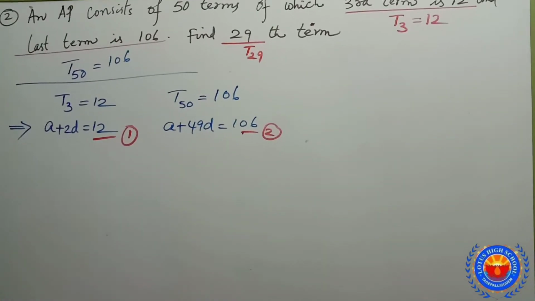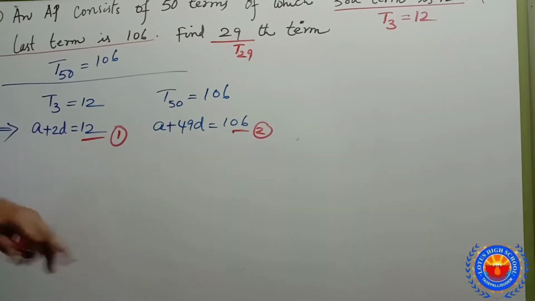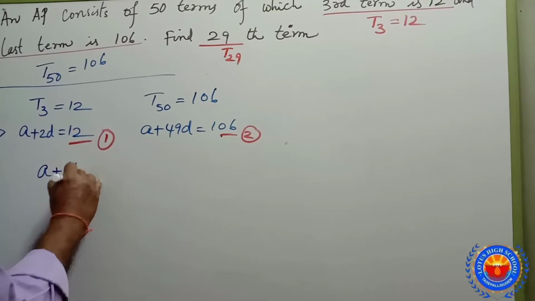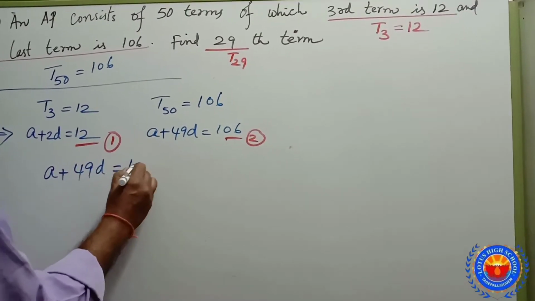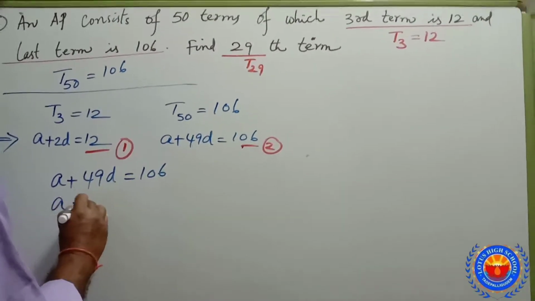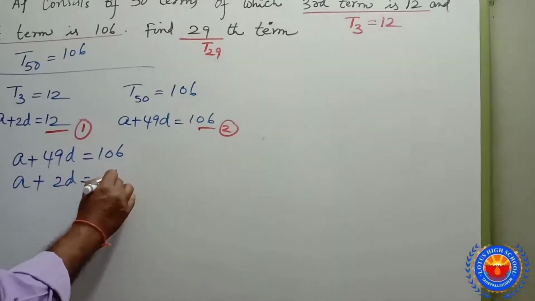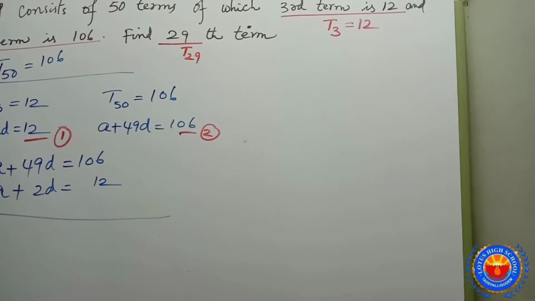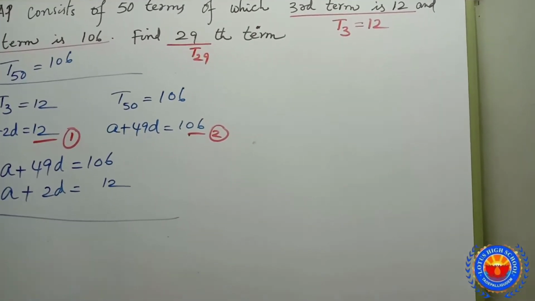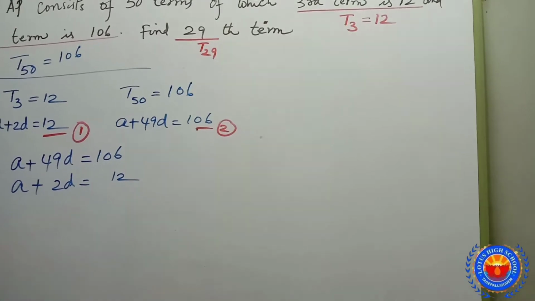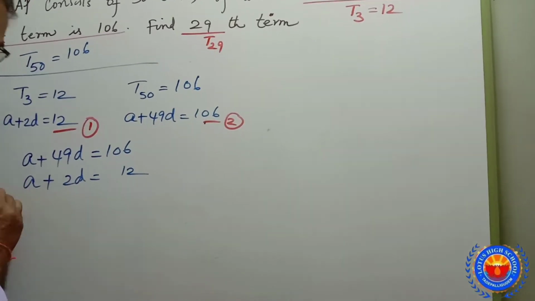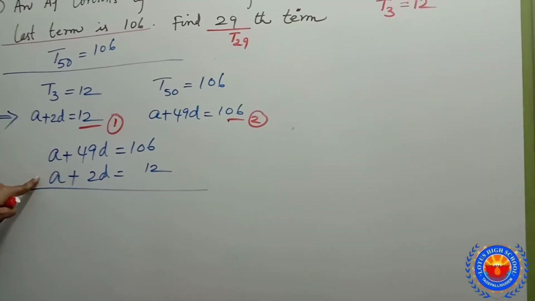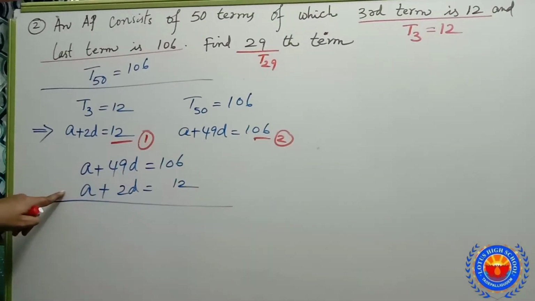Now I am going to solve this sum by using the elimination method. So a plus 49d is equal to 106, a plus 2d is equal to 12. Now here I am going to do addition or subtraction. Subtraction. Why? Because I am going to eliminate a like the previous sum. Here also 1a, no need to multiply or balance the equation.